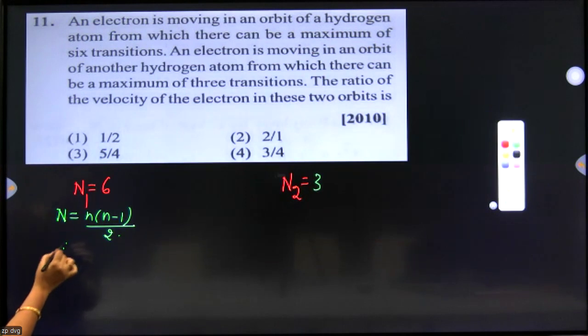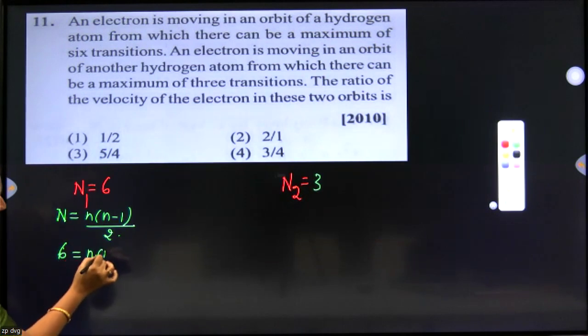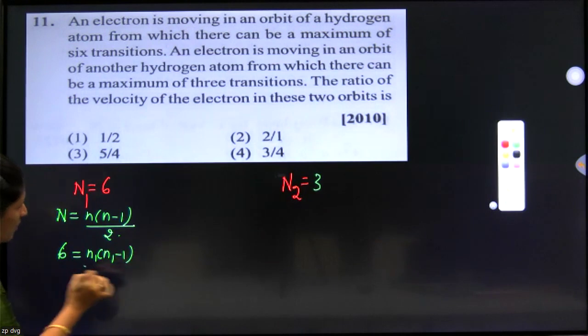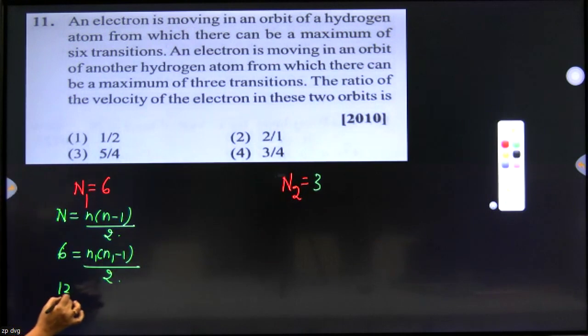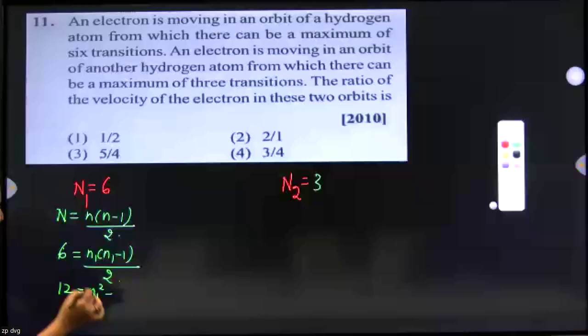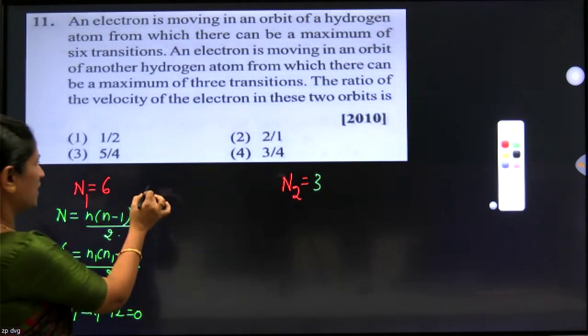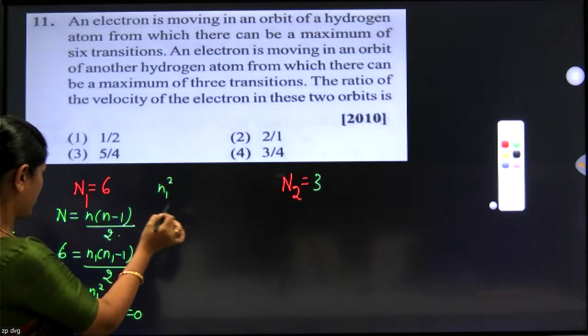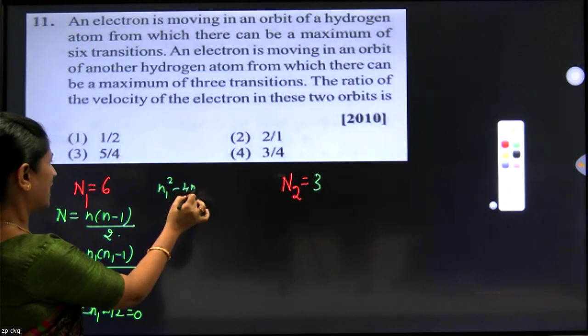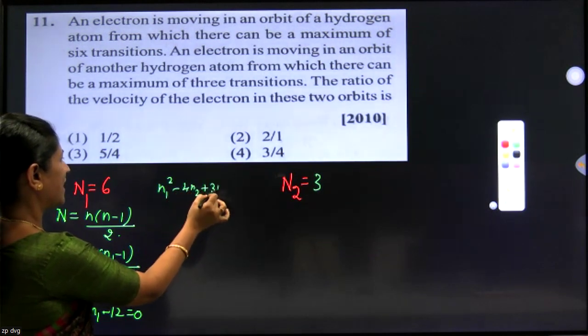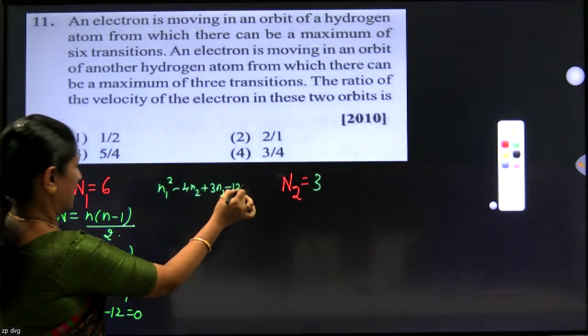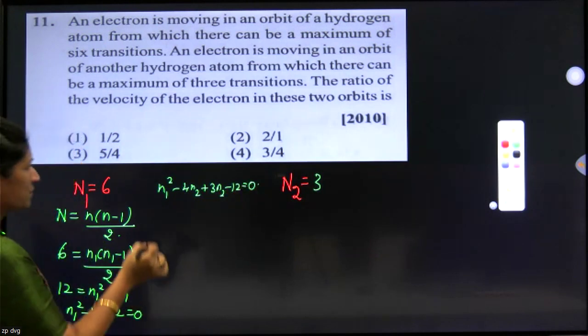Therefore, 6 equals n1 into (n1 minus 1) by 2, so 12 equals n1 square minus n1. This can be written as n1 square minus n1 minus 12 equal to 0. That equation can be written as n1 square minus 4n1 plus 3n1 minus 12 equal to 0.